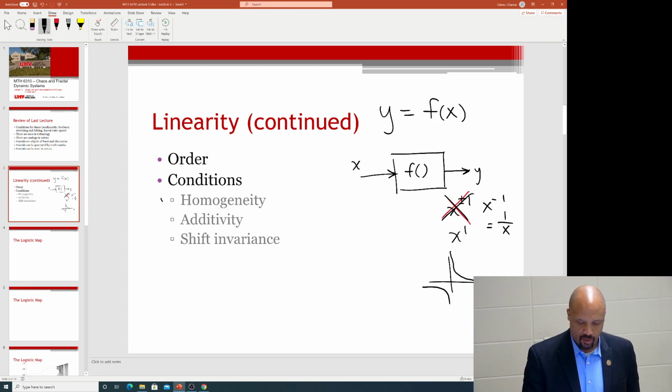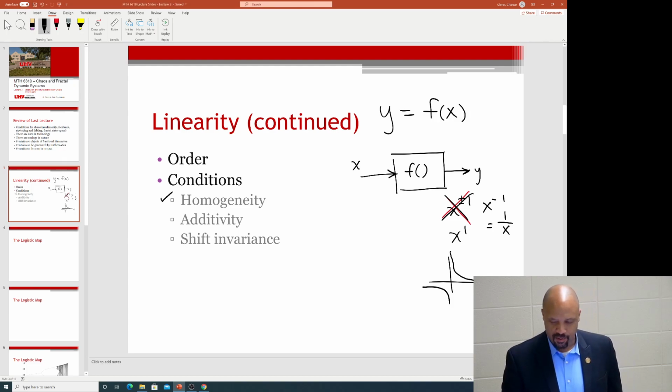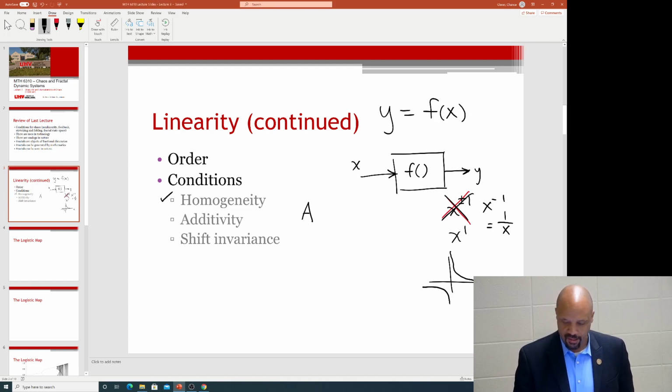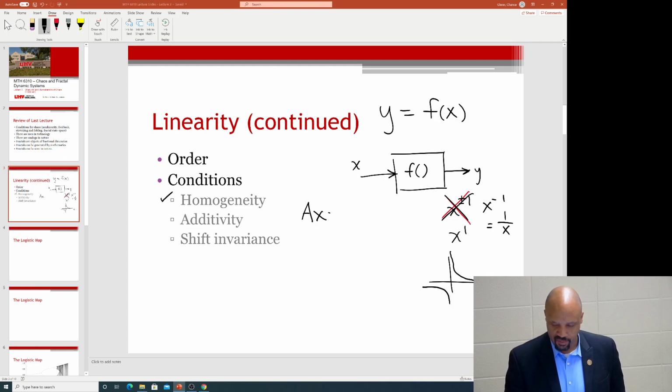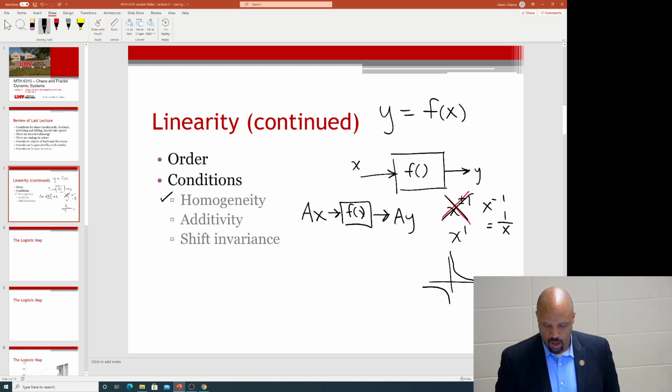Looking at this system, if you say a constant, let's say that the new input is a times x into the system, same f, the output should be a times y.